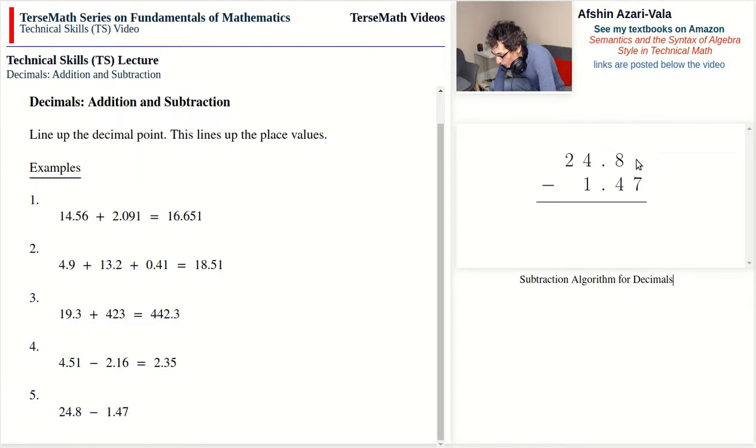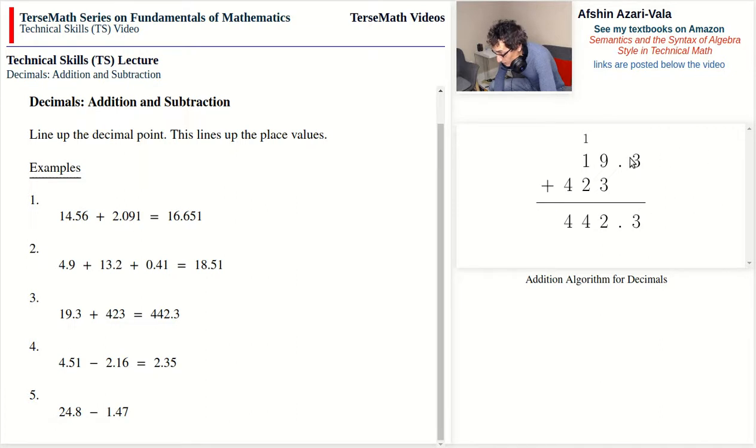Now if the 7 was on top, and let me actually go back to one of the subtractions that we did. Yes, like here, where the non-zero digit is on top, you can actually pull this down, because even if you put a 0 down here, then you say 0 from 3 leaves 3.